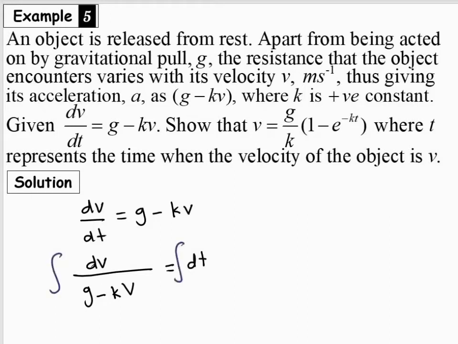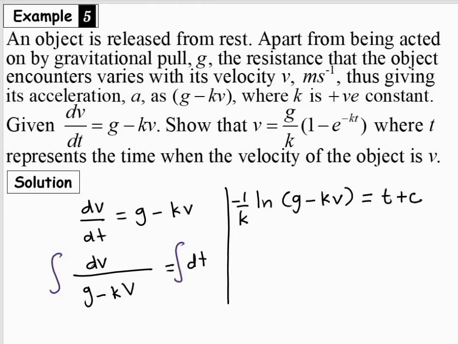Integrating our left hand side, we get ln of g minus kv, but don't forget to differentiate g minus kv with respect to v, so we have negative 1 over k. Then you integrate dt, and the answer will be t plus c.